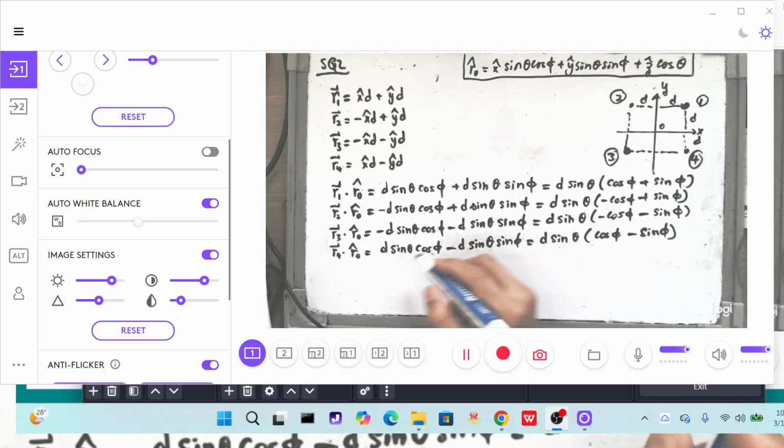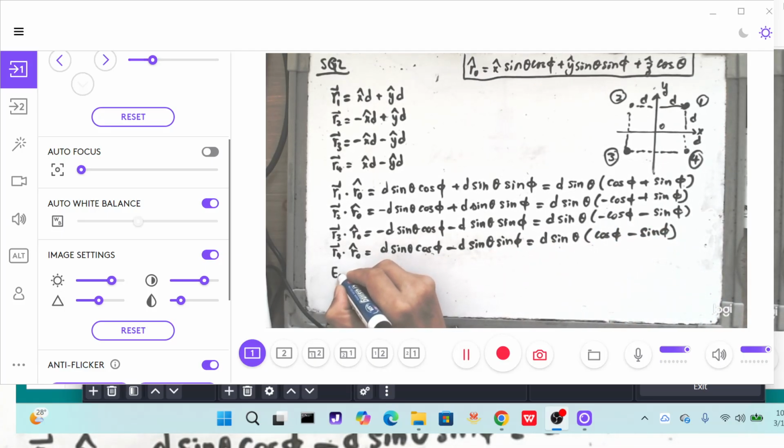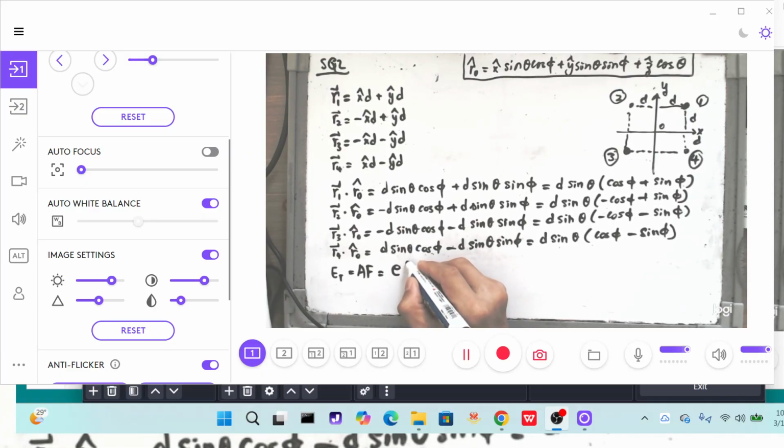The total electric field in the direction of propagation is also the antenna array vector, and it is equal to E, assuming that the magnitude is 1, to the power of J K R1 dot R log hat. And this is how we calculate the phase in the direction of propagation.